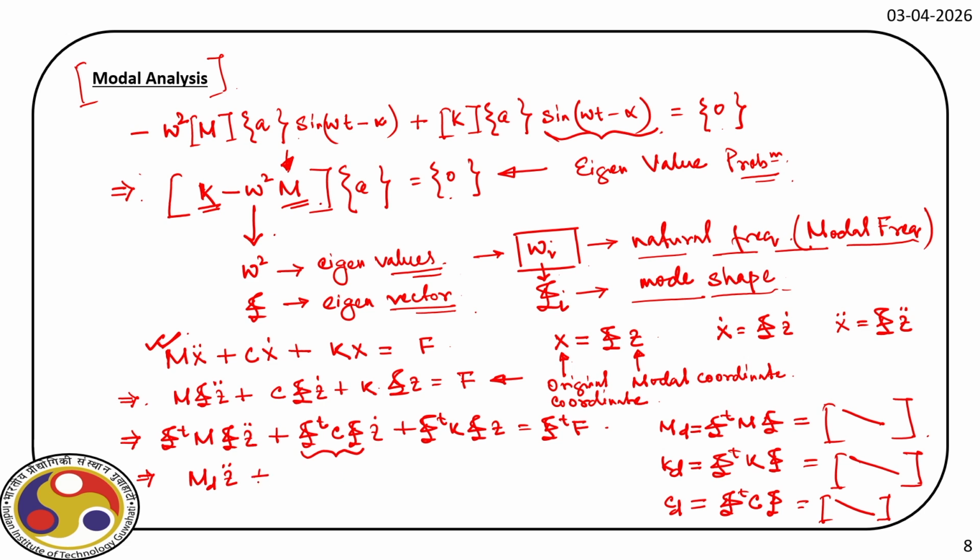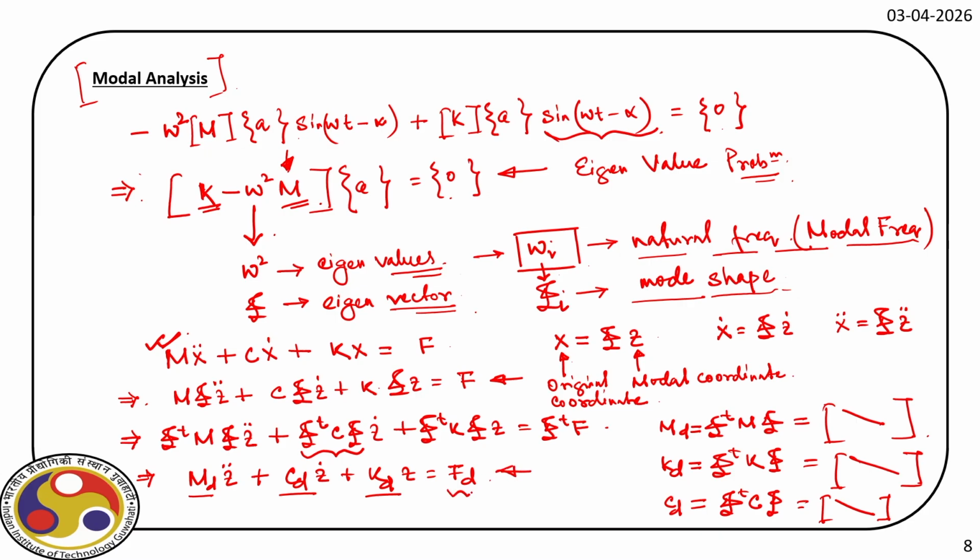So the equation in the modal coordinate is MD Z double dot plus CD Z dot plus KD Z equal to, we call it, FD. Because MD and KD, and for the time being CD, are diagonal matrices, this is a decoupled equation.